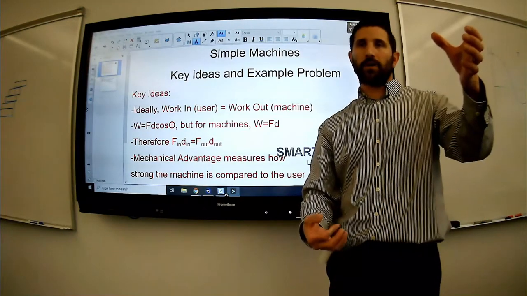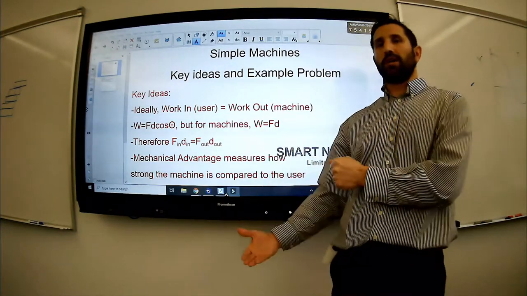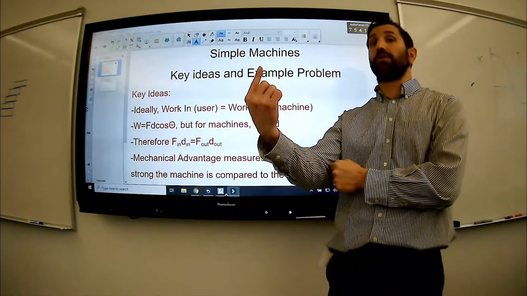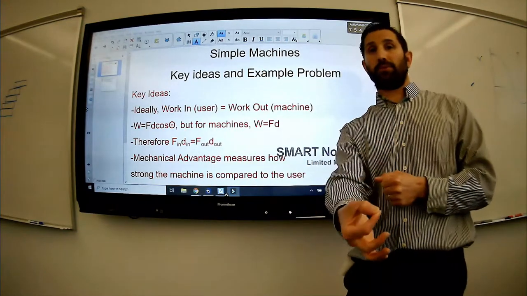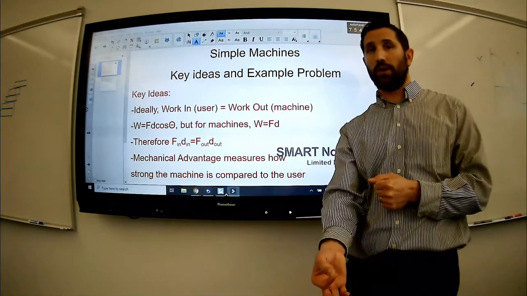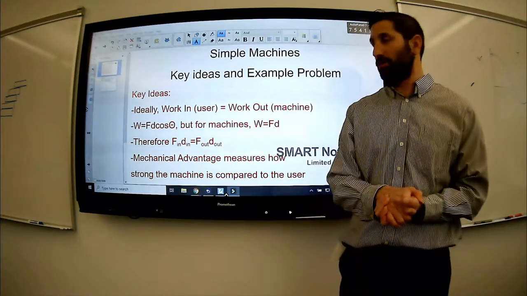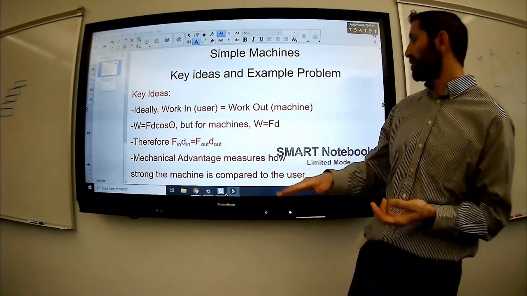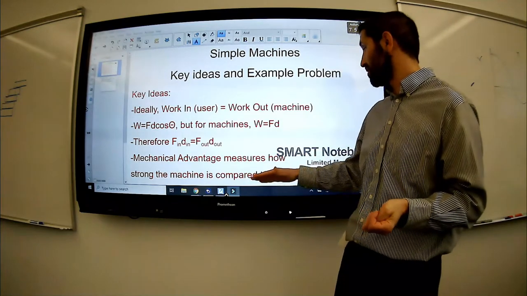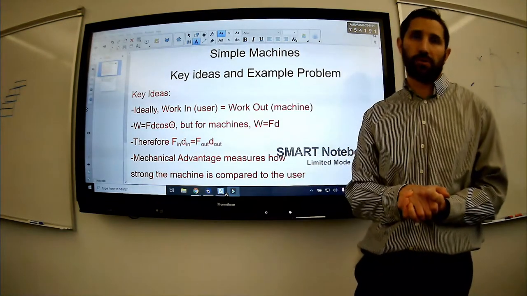The machine is obviously exerting a big force to lift the object up. You don't have to pull as hard. So it's giving you what we call a mechanical advantage. It measures how strong the machine is compared to how strong the user is in terms of force.